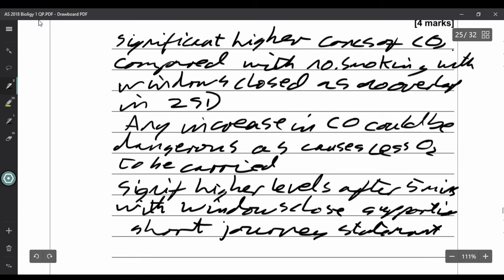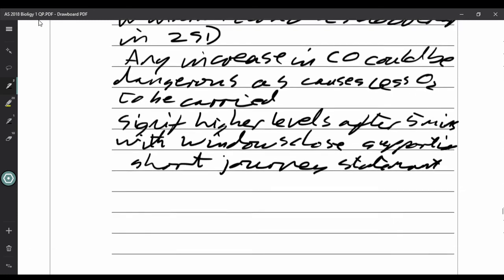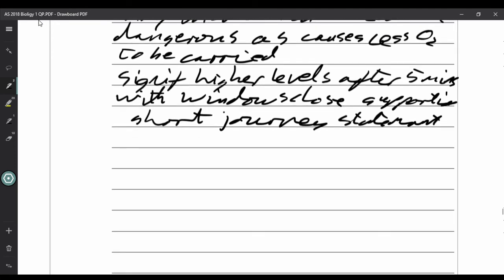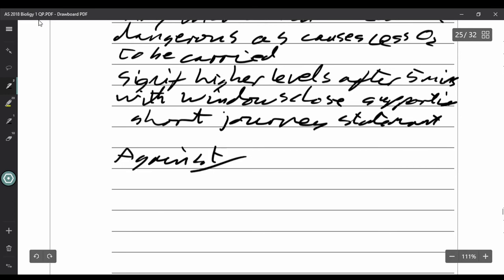Okay, so now we could put some arguments that are against what he said. So we've already talked about that, so if I just put against. So we've said there's actually no significance when the windows are open, because there is a 2 SD overlap.